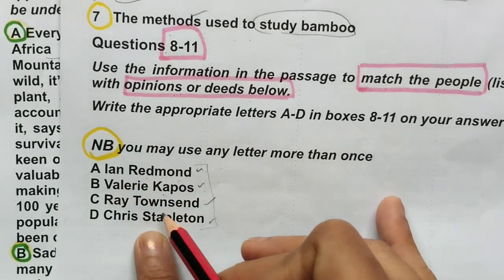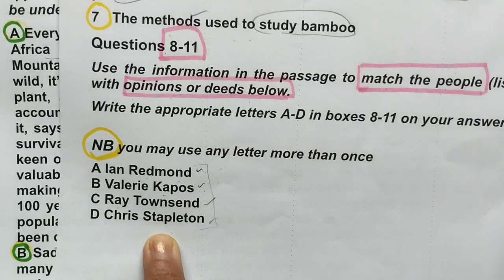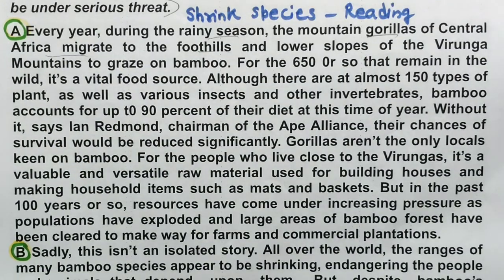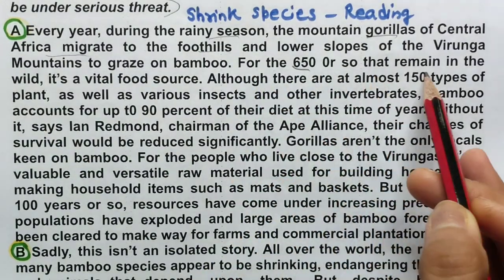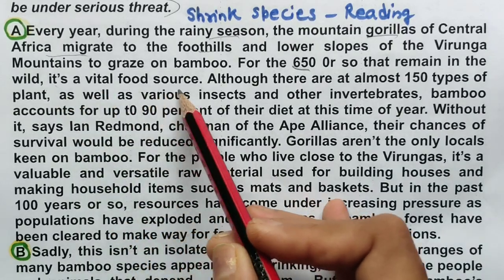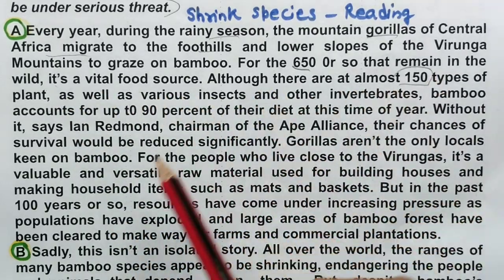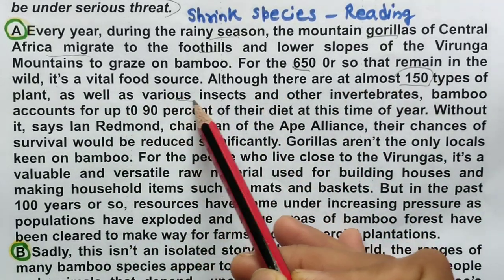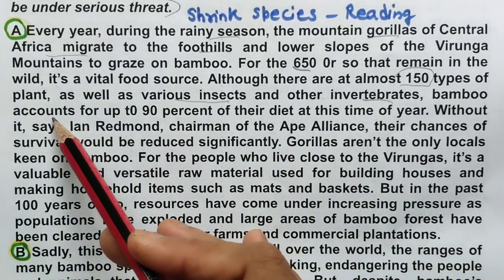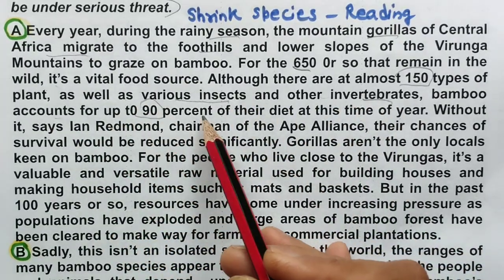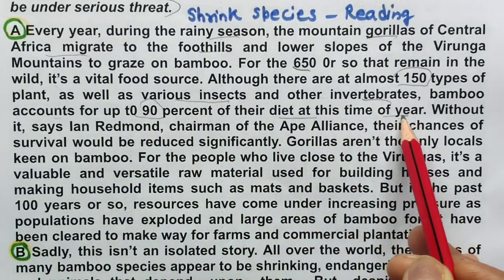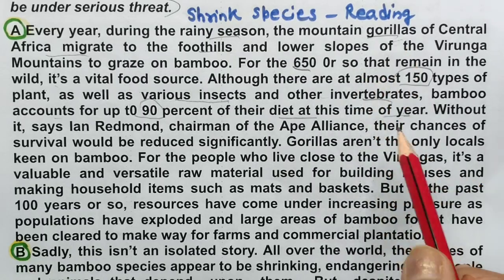Redmond, Capus, and Chris Stapleton. 650 or so remain in the wild. It is a vital food source, although there are almost 150 types of plants and various insects, and bamboo accounts for up to 90% of their diet at this time of the year. Means they are talking about gorillas.